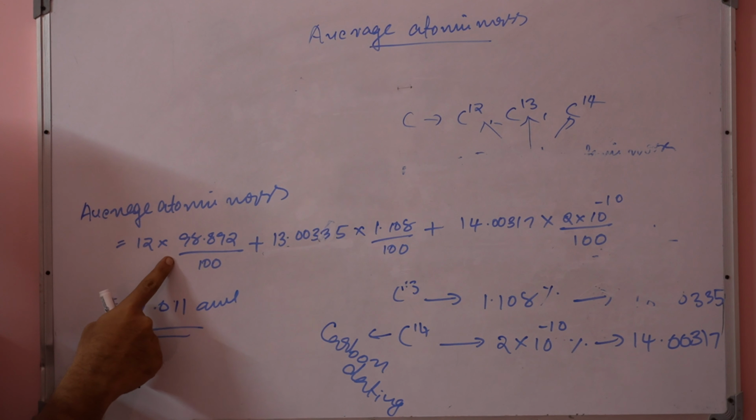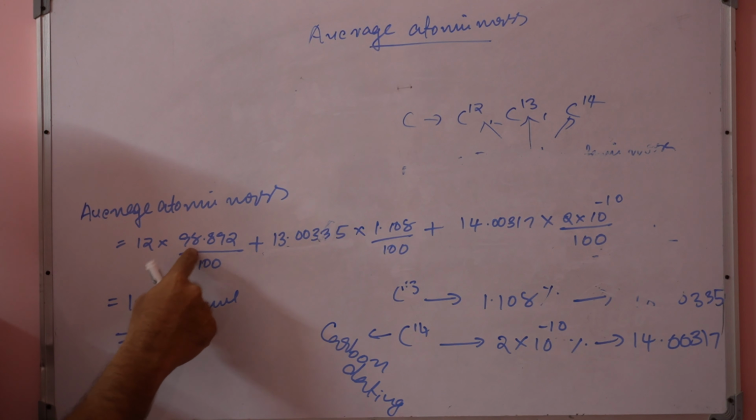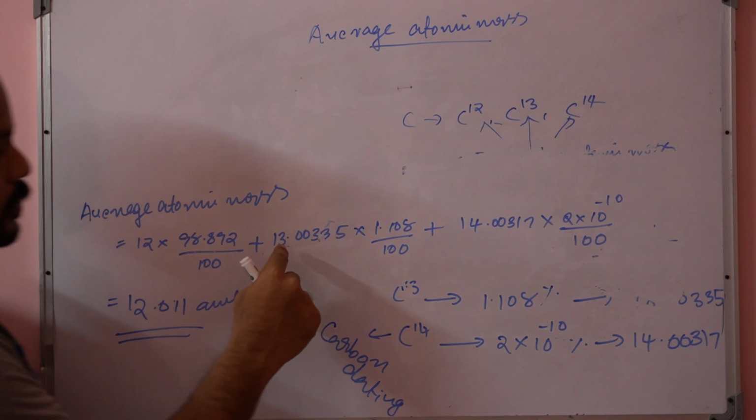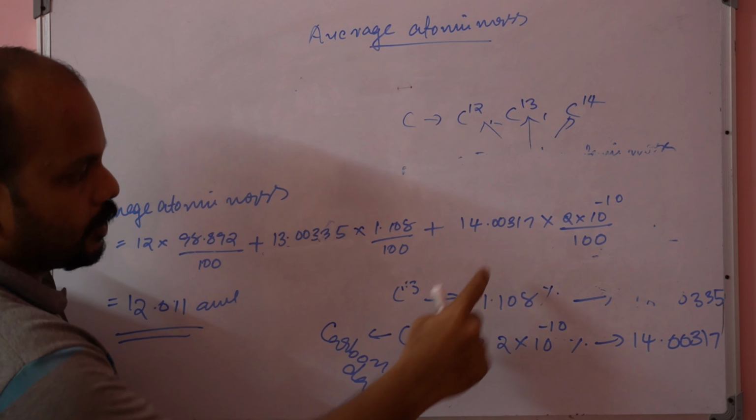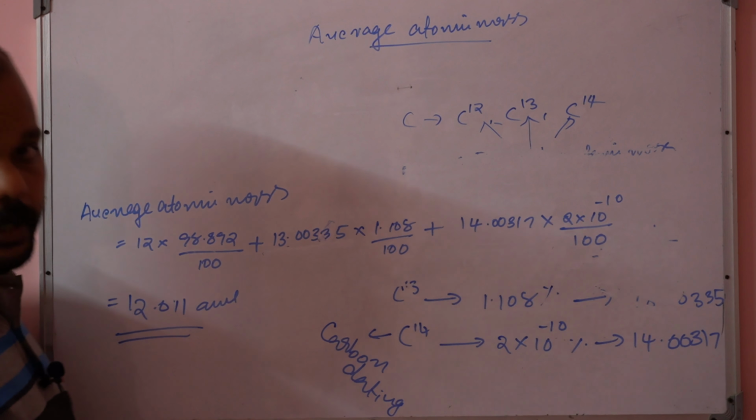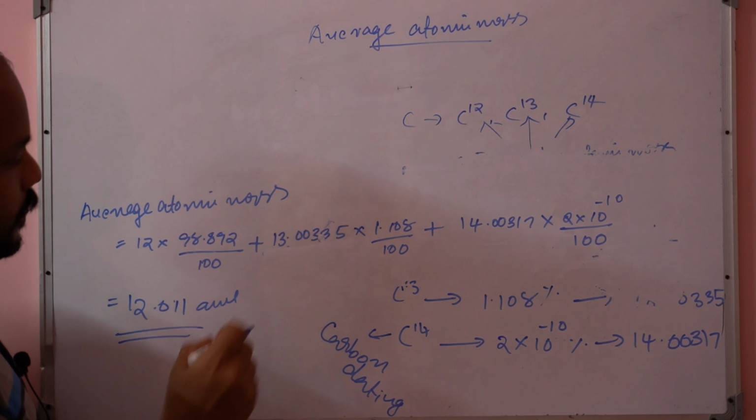Here you can directly write 0.98892 and 13.00335 into 0.0108, and so on. This is how the atomic mass can be calculated.